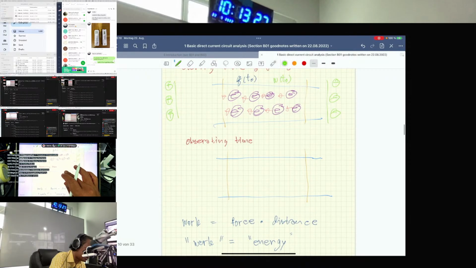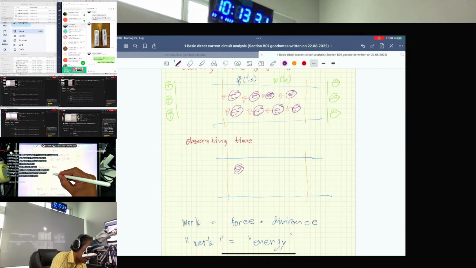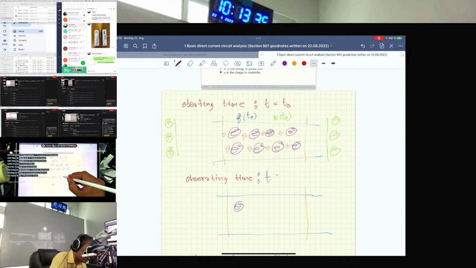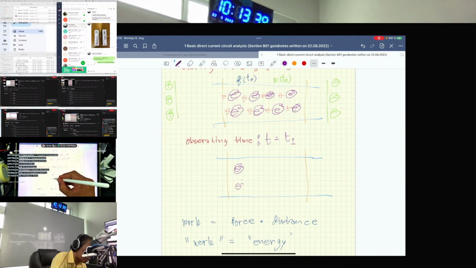Okay, in the same way, you would have also in the second term, when time t is t1, you would have also electrons at this stage. Okay, electrons may be more than before or less than before.